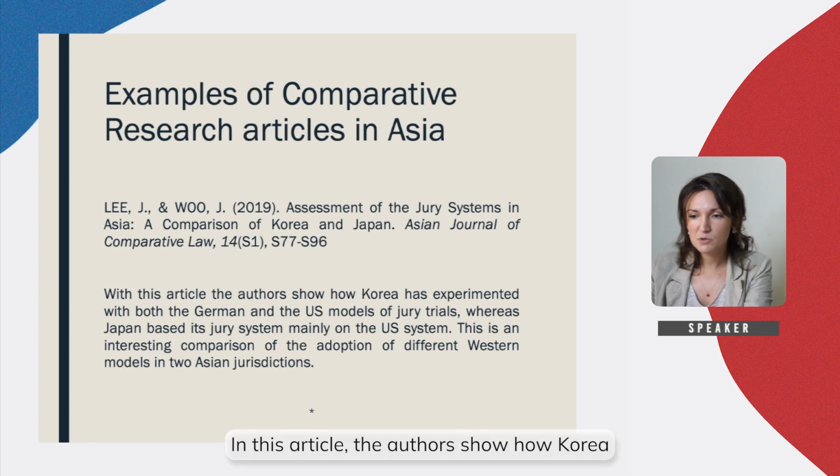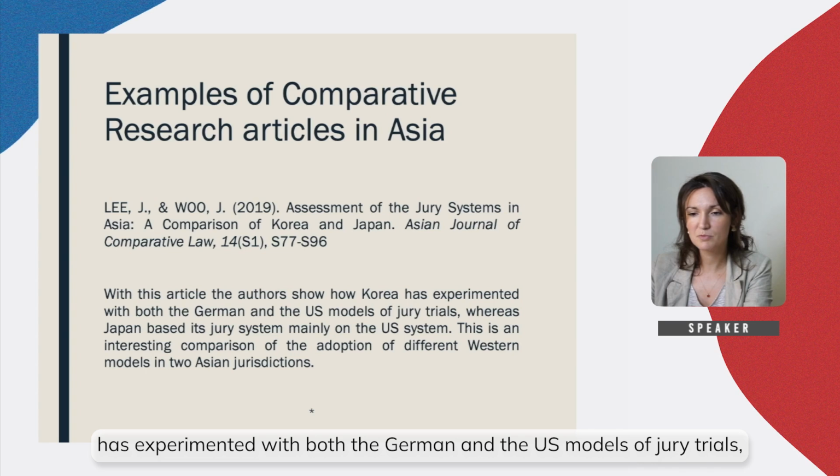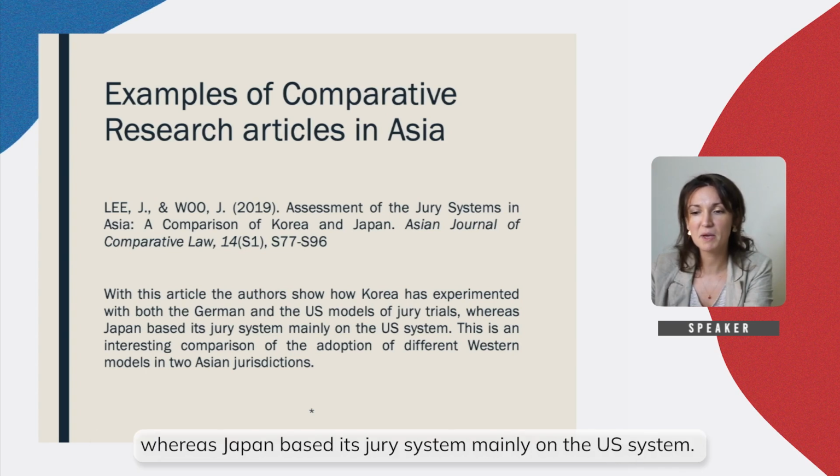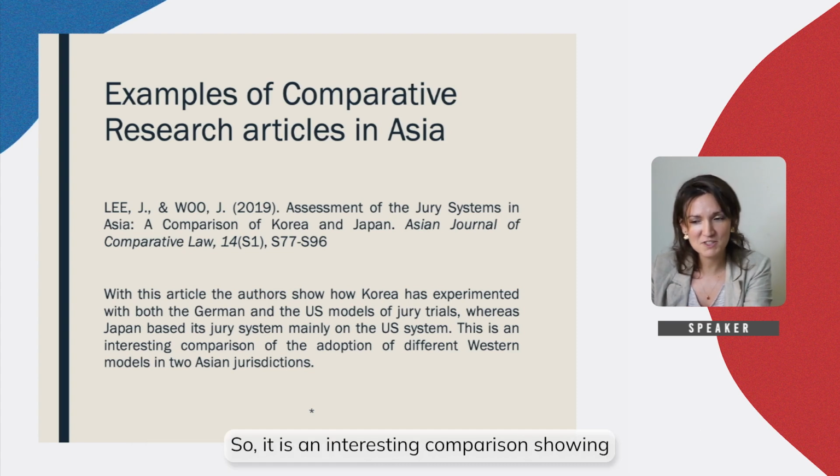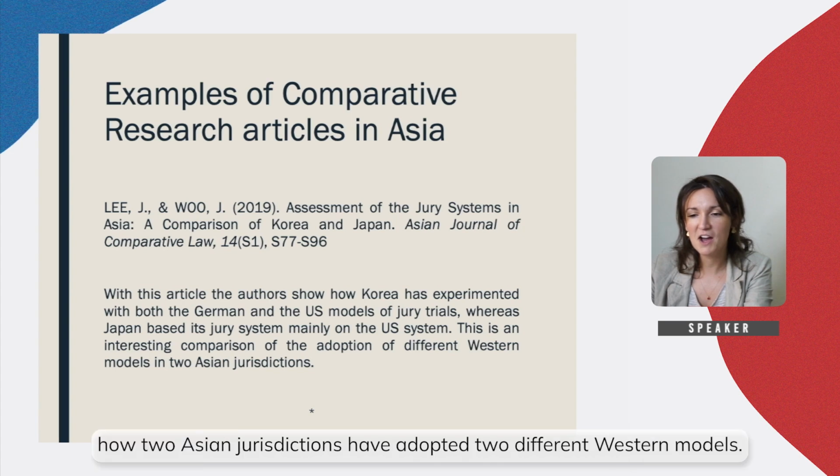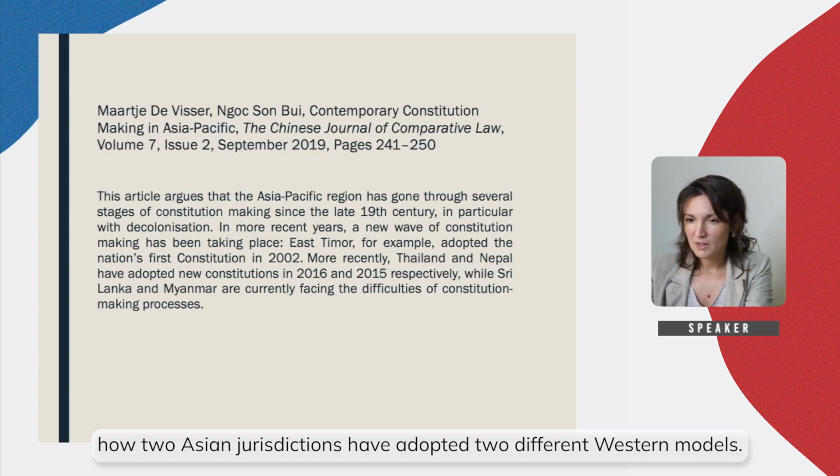In this article, the authors show how Korea has experimented with both the German and US models of jury trials, whereas Japan based its jury system mainly on the US system. So it's an interesting comparison showing how two Asian jurisdictions have adopted two different Western models.